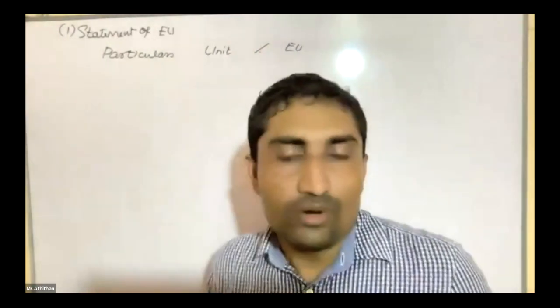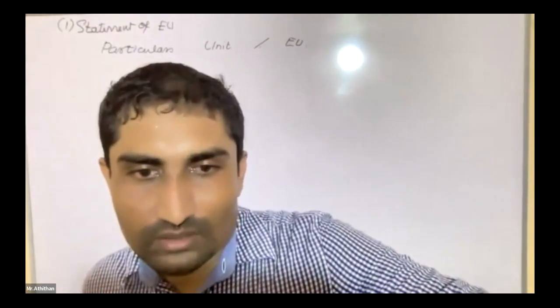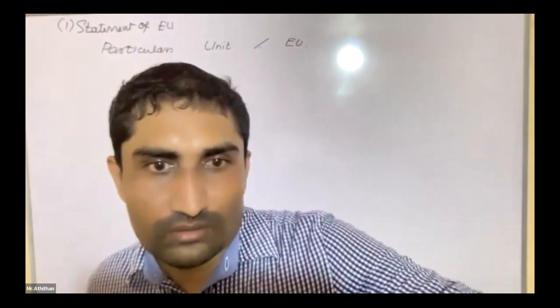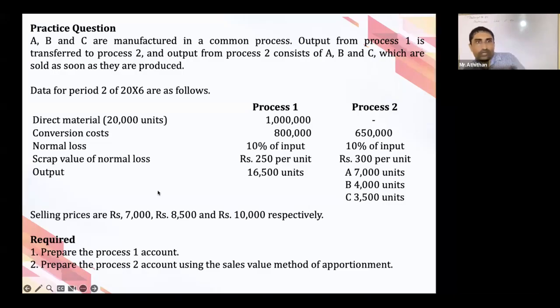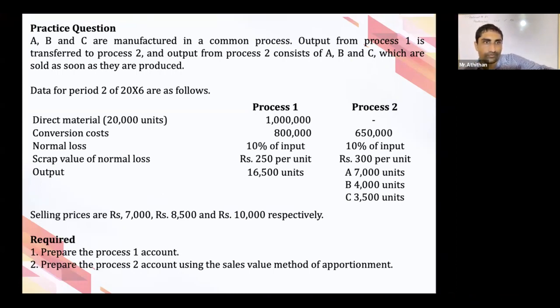In process 1, direct material 20,000 units, conversion cost 800,000. When calculating equivalent units, we don't worry about cost, only about units.